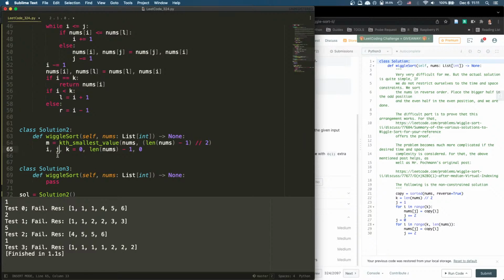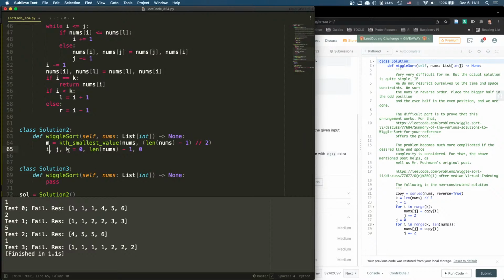From j plus 1 to len nums minus 1, all those values are larger than median. From 0 to i minus 1, all of them are smaller than m. From i to k minus 1 are all the values equal to m.